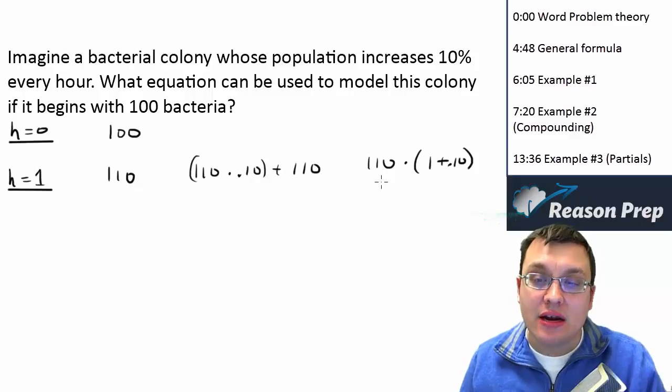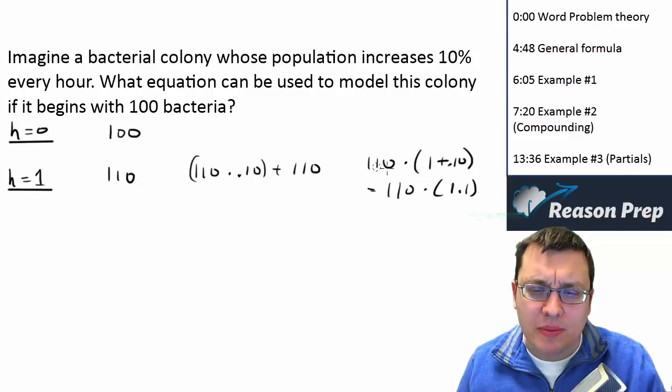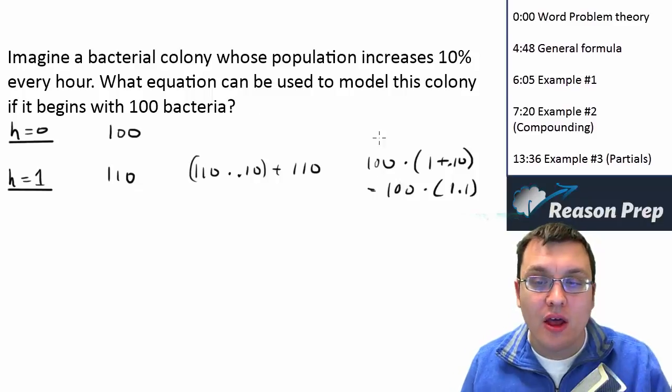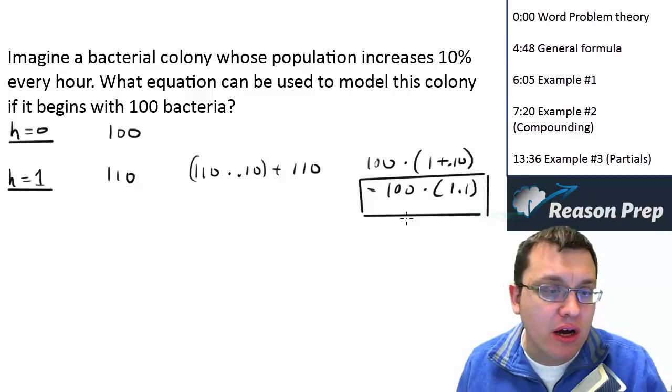So here it's the same thing as 100 times 1.1, and that would get us 110 as our final answer. I'm going to write it in this form from now on because we know our percent shortcut and it's easier to use here.